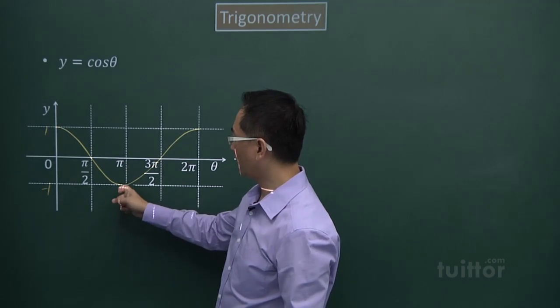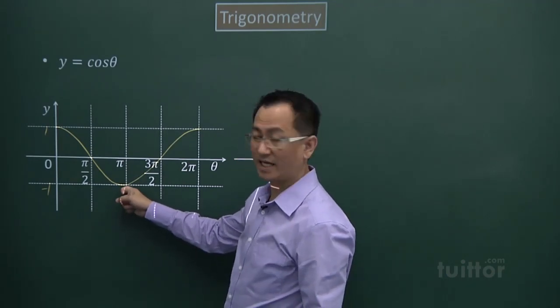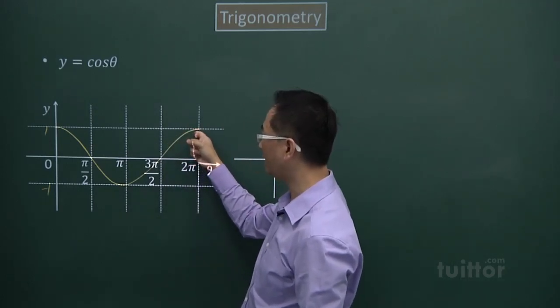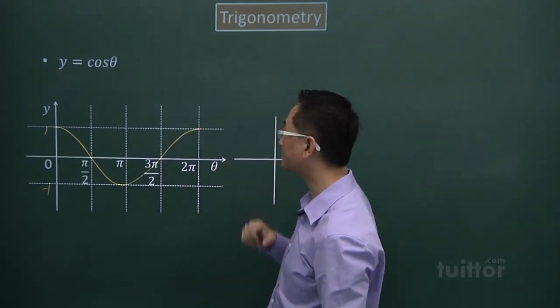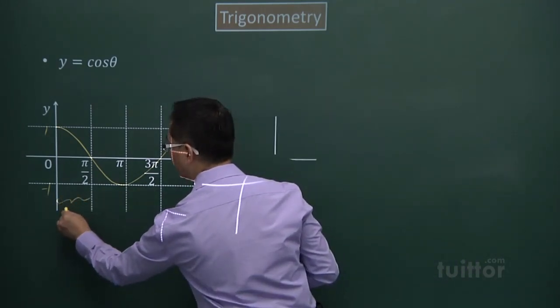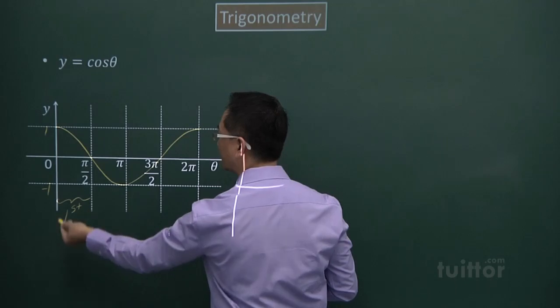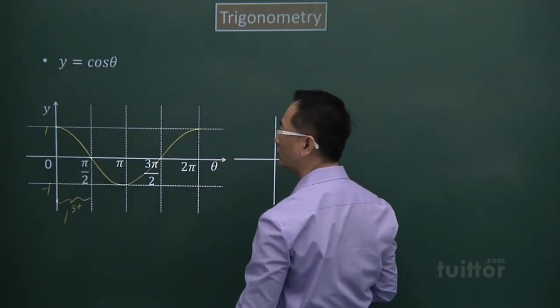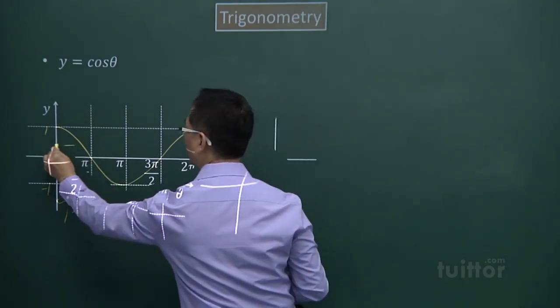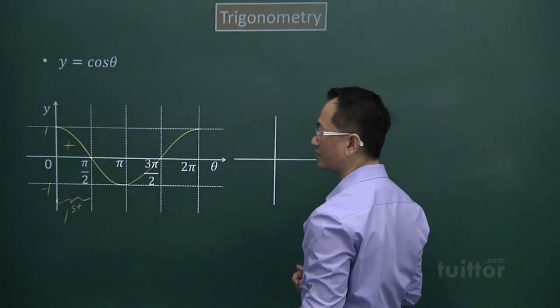So you can see the lowest point, y is -1. The highest point, there are two of those points, y equals 1. So again, this is the first quadrant. The angles are from 0 to pi on 2. The curve is above the theta axis, so positive values of y.